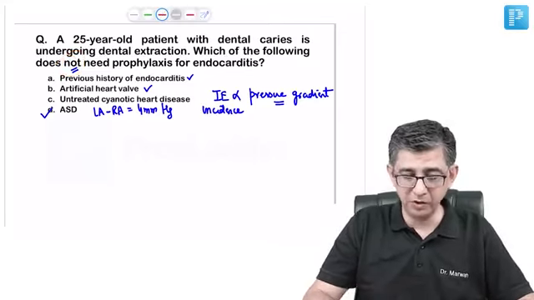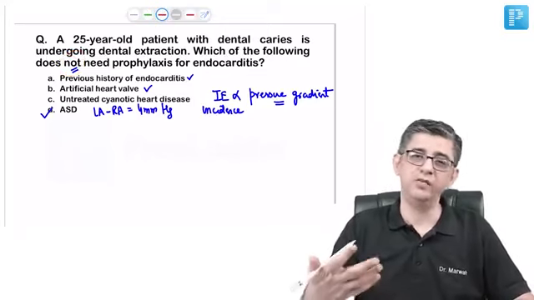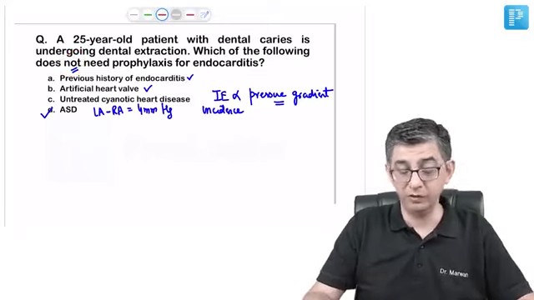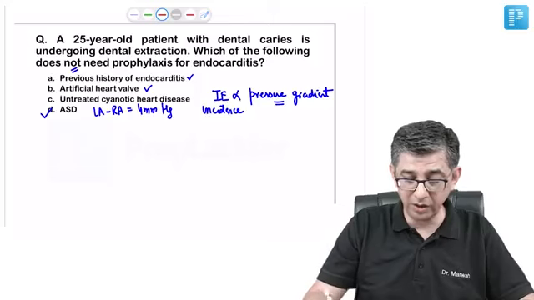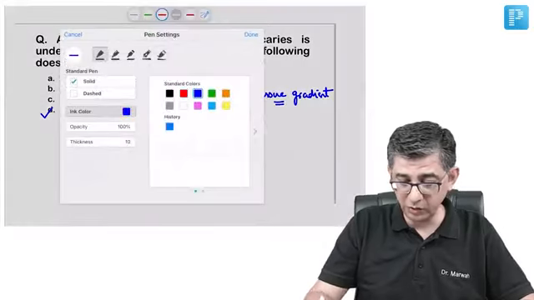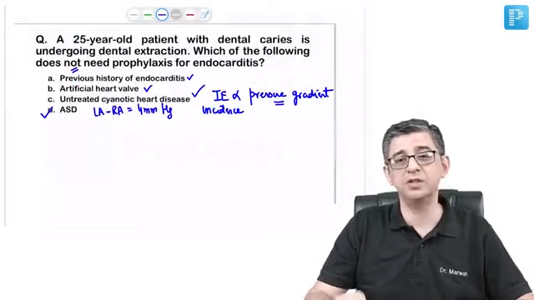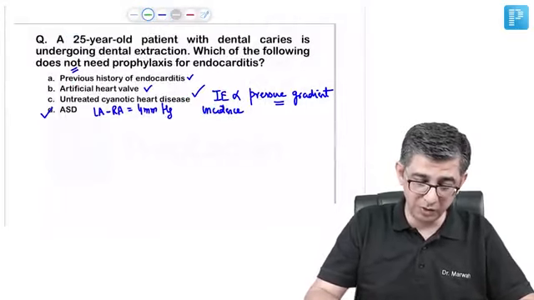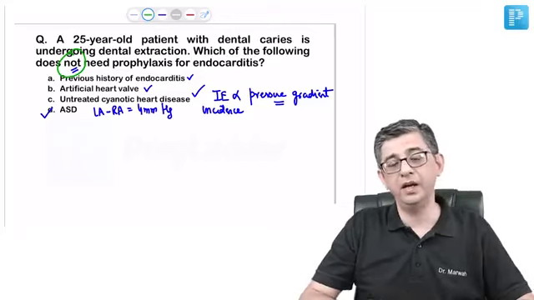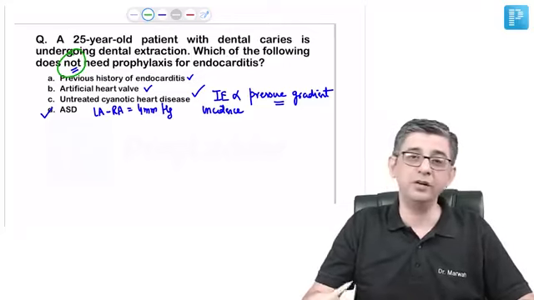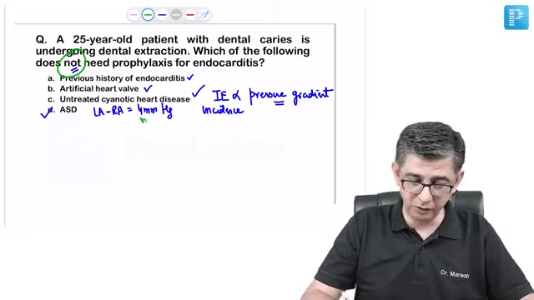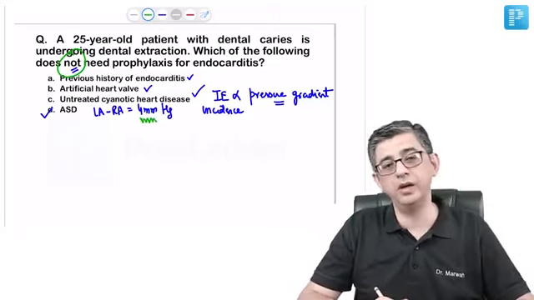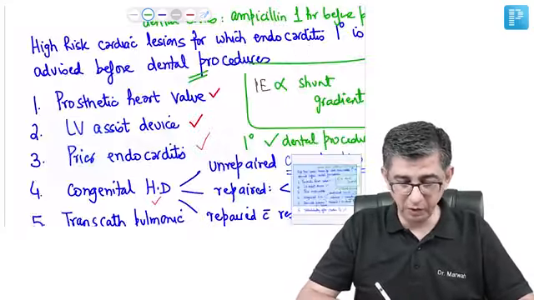You can see if a person is already having endocarditis, if there's a prosthetic heart valve, if there's an unrepaired, untreated cyanotic heart disease, all the three things you currently see on the slide are situations where you have to go in for antibiotic prophylaxis. But because the question said not needed, then ASD is a low pressure shunt. Atrial septal defect operates at a pressure difference of only 4 millimeters of mercury, so antibiotic prophylaxis would not be required.